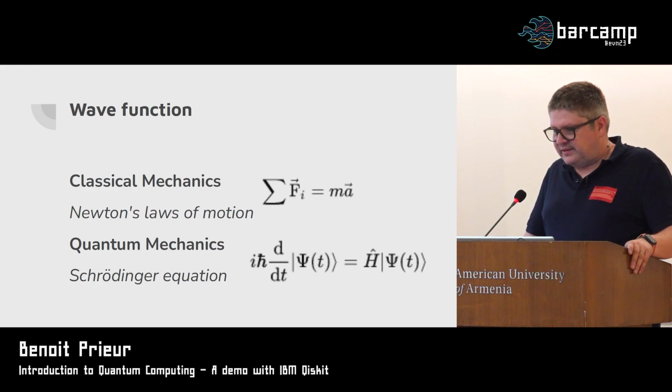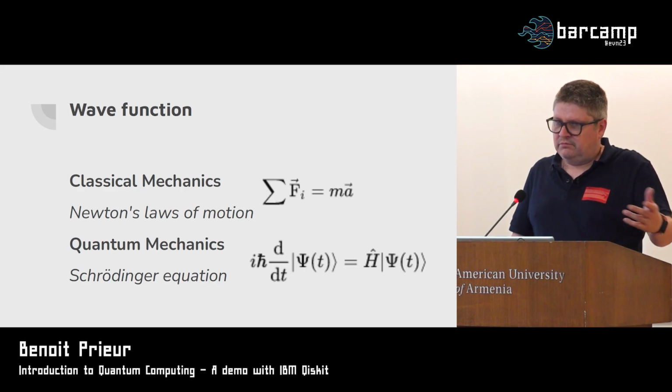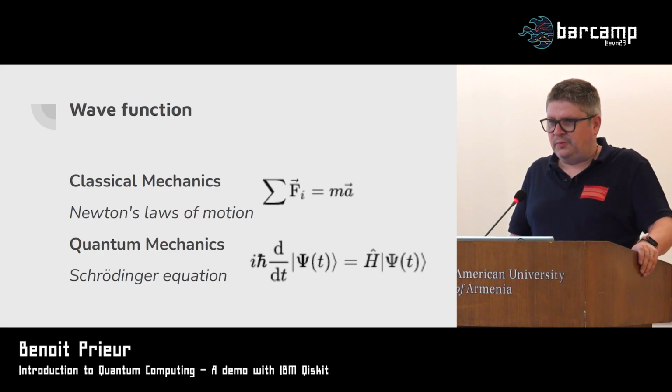This bracket notation is called Dirac notation, but more frequently bracket notation. It means quantum state, so before measurement, the quantum state of this particle.